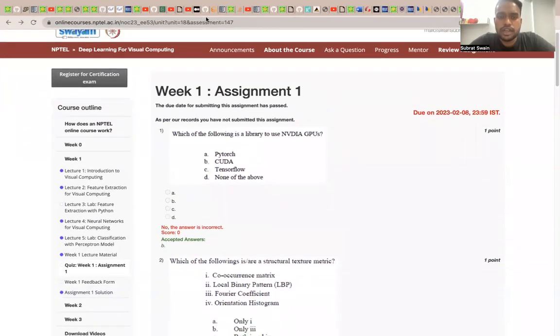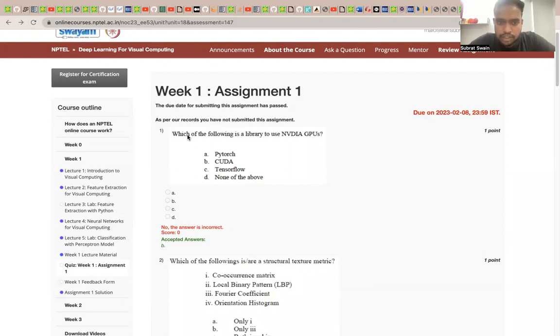So what I'll do is go through the week 1 assignment and explain the solution, so that if people are coming after this session is over, they will be able to look into the solutions as well.